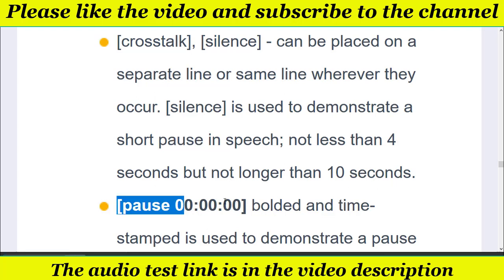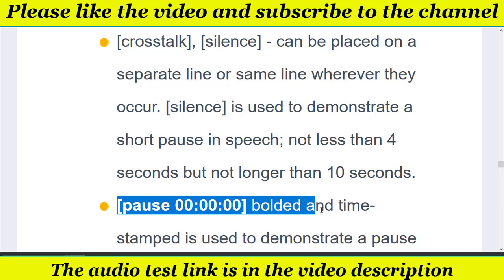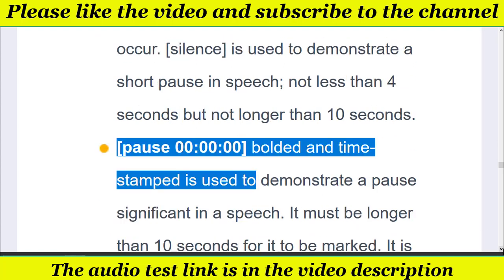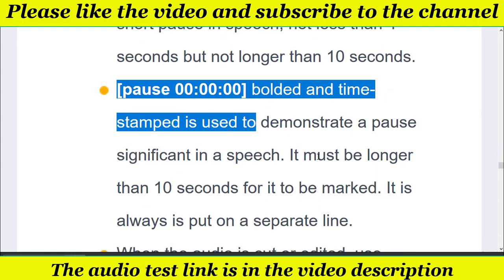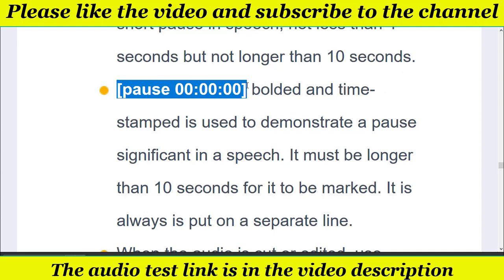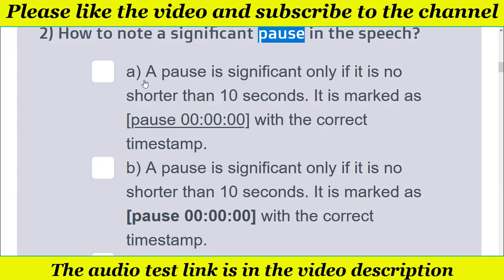This pause tag in bold and timestamp is used to demonstrate a significant pause in a speech. So this is the correct tag of pause. So according to the transcription guideline, the second option, a pause is significant only if it is no shorter than 10 seconds. It is marked as pause with the correct timestamp. So this is the correct option of the second question.